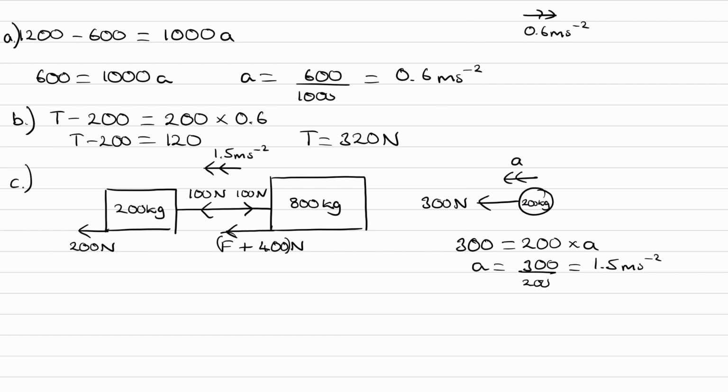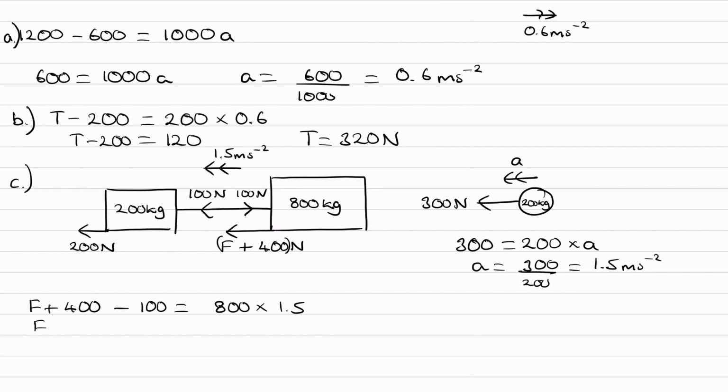Now we have the deceleration, or the acceleration towards the left. Now we're trying to work out what F is, so we can look at the car. Remember that the acceleration is towards the left, which means the resultant force is that way. So the overall resultant force will be F plus 400, that's the force towards the left, minus the force in the opposite direction to acceleration, so minus 100, and that will be equal to ma, which is 800 times 1.5.